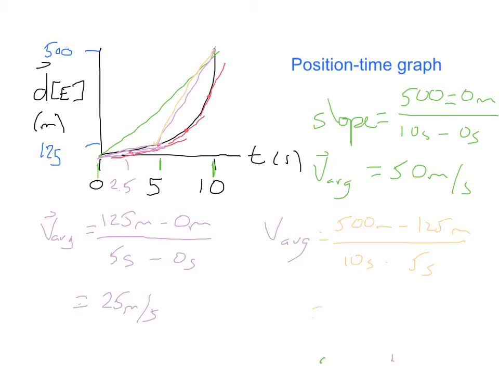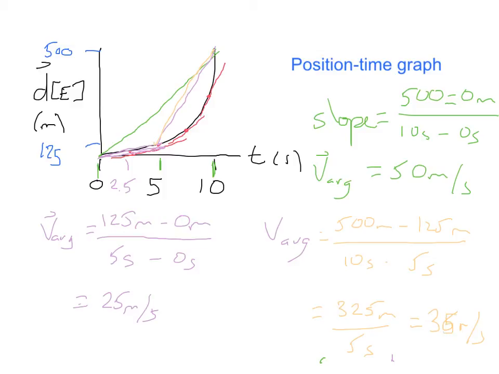And that would give me 375 meters over 5 seconds, and therefore an average velocity for that particular time frame of approximately 35 meters per second.